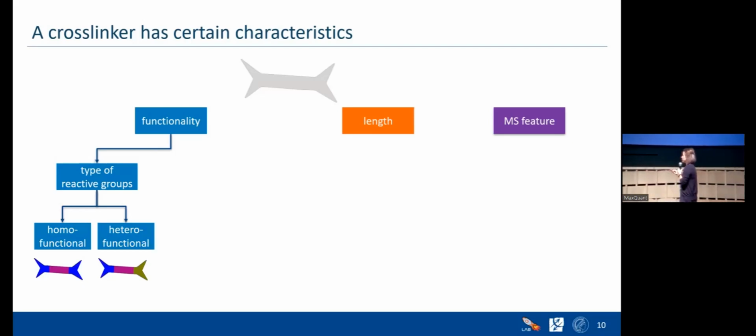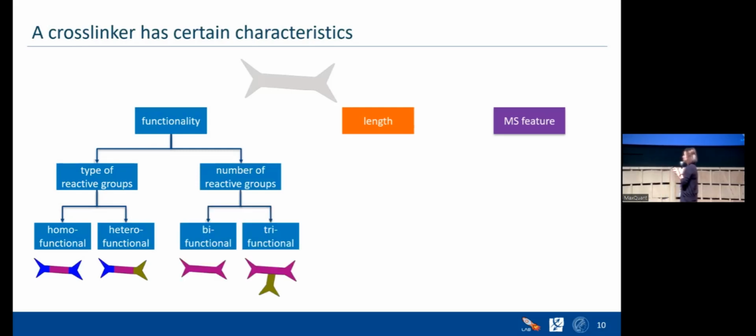It might be heterofunctional, and then here I show blue and green, because one of them targets maybe amine-specific residues, and the other one targets maybe some other type of residue on your protein. Okay, so we know the type of reactive group is important to understand our crosslinker. Now we also have the number of reactive groups. We call them bifunctional when they have 2 arms, and it's also possible they might have 3 arms.